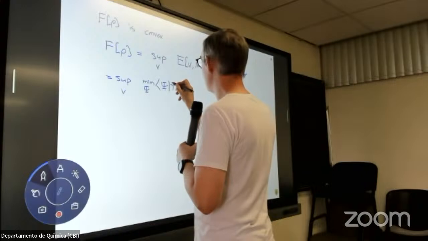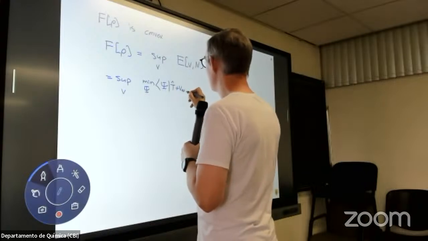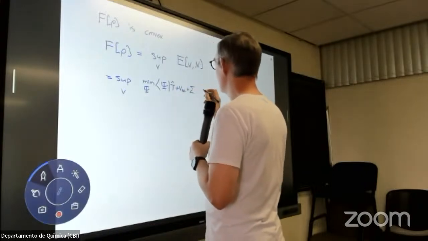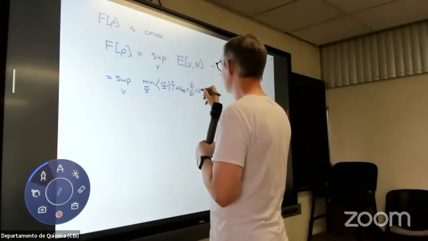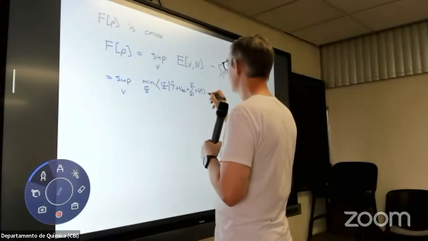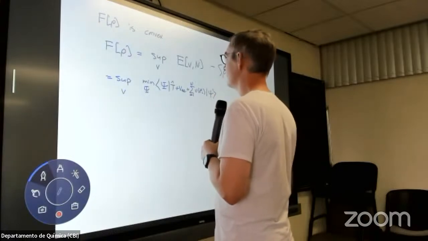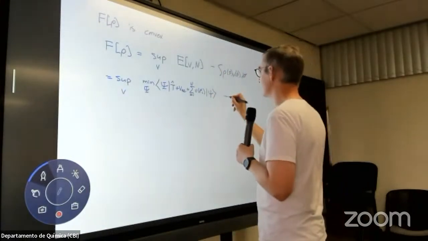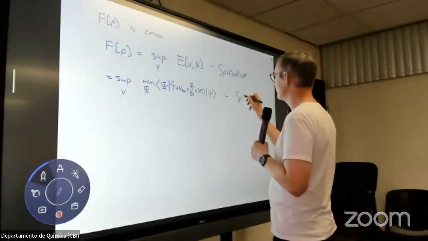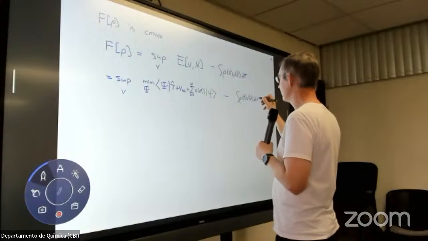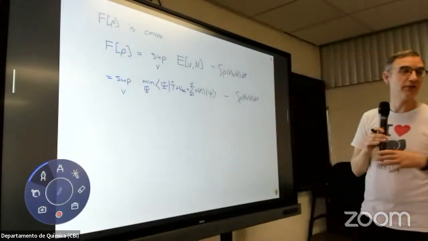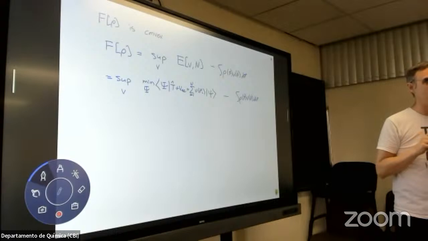And this is going to be T plus V plus the sum over i equals 1 to N. Okay, so that's the functional. I just wrote it down more explicitly.